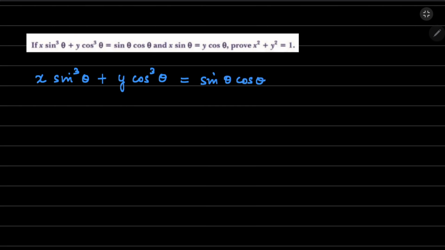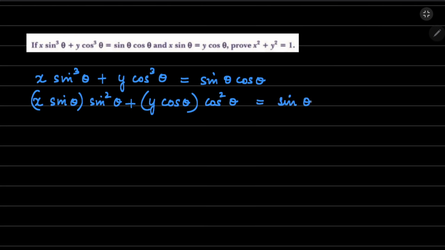Let us separate out this x sine theta and y cos theta. If I separate x sine theta, what will remain is sine square theta, right? Similarly, I am taking out y cos theta. What will remain is cos square theta equal to sine theta cos theta. The RHS, no change at all.